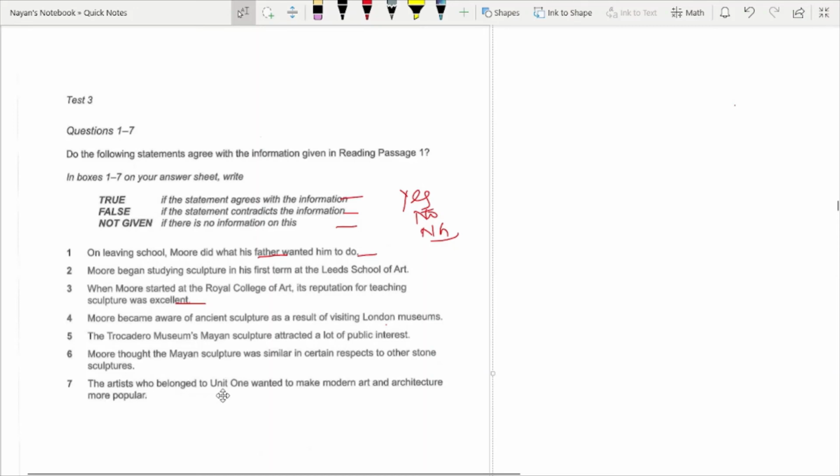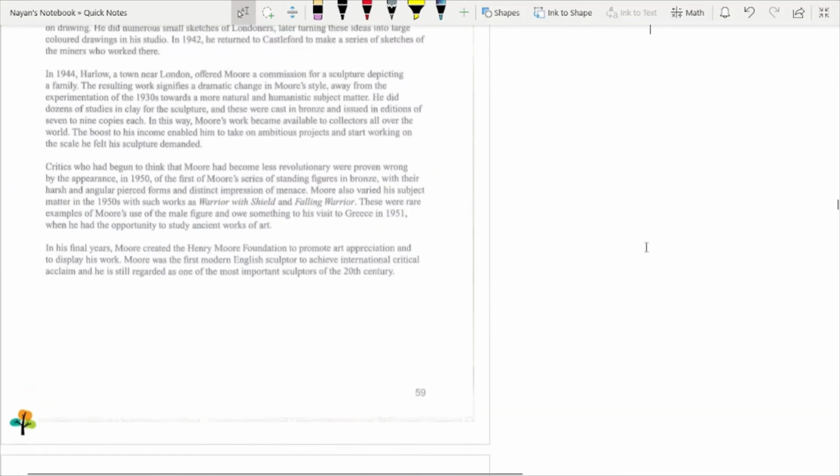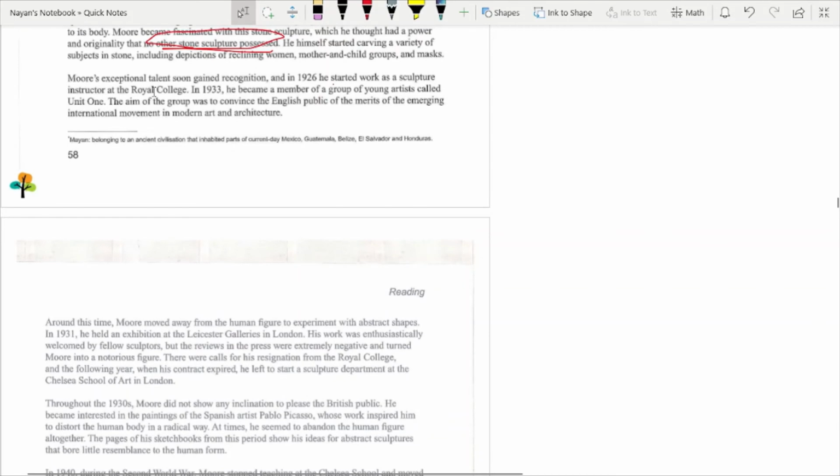The artist who belonged to Unit 1 wanted to make modern art and architecture more popular. Okay, let's see what the passage is saying about this. Murray's exceptional talent soon gained recognition and in 1926 he started work as a sculptor. He became a member of a group called Unit 1.